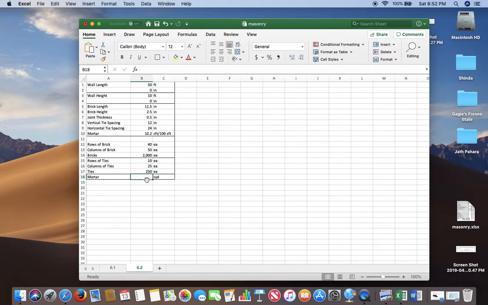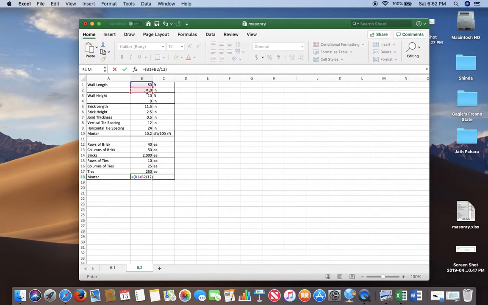And then to calculate the mortar, what we're going to do is equals parentheses B1 plus B2. In our case, it's 0, but let's do it for the purpose. Divide that by 12, close parentheses.